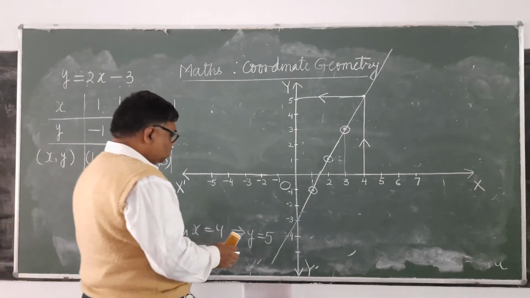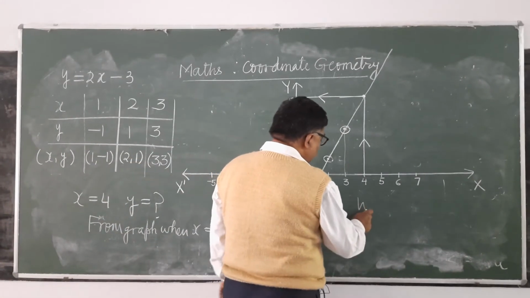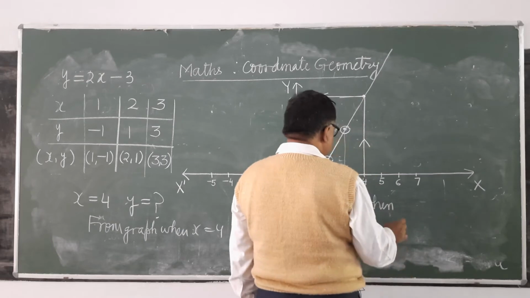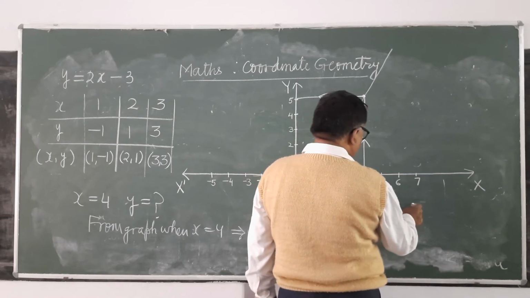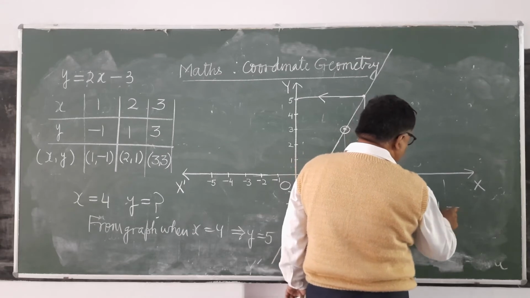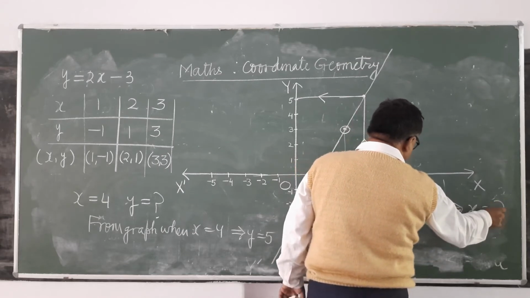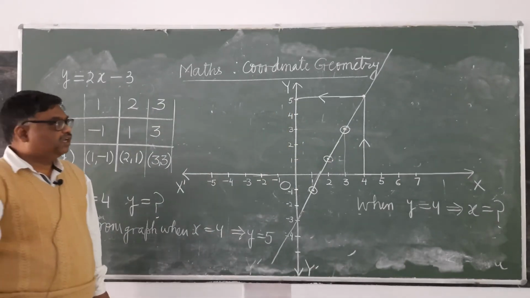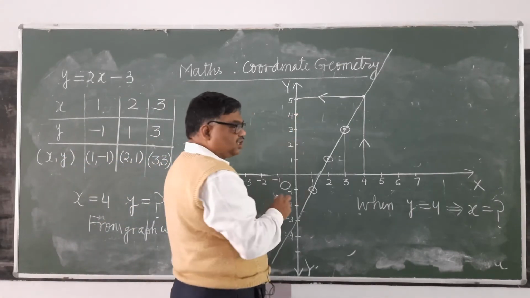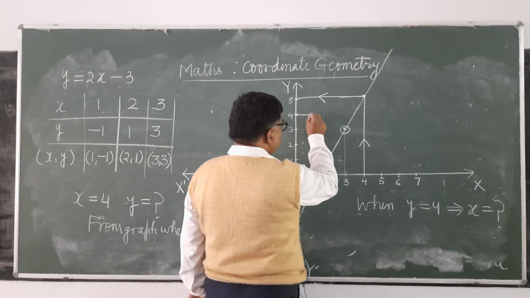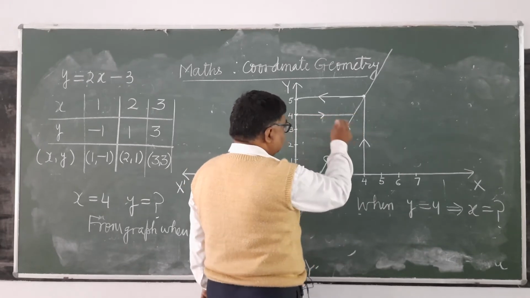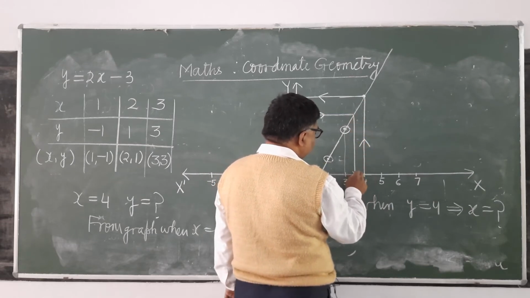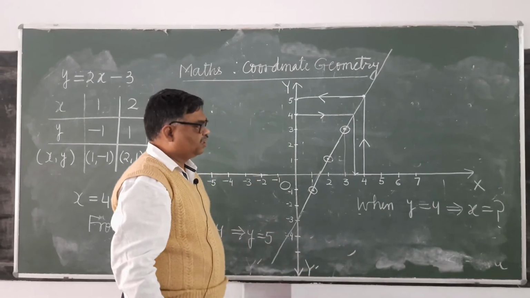Now see here, there is one more thing. When y equals 4, what is the value of x? That you have to determine. Where is 4? 4 is this point. y equals 4 is this. Now you draw the line in the same way, and it will come here.